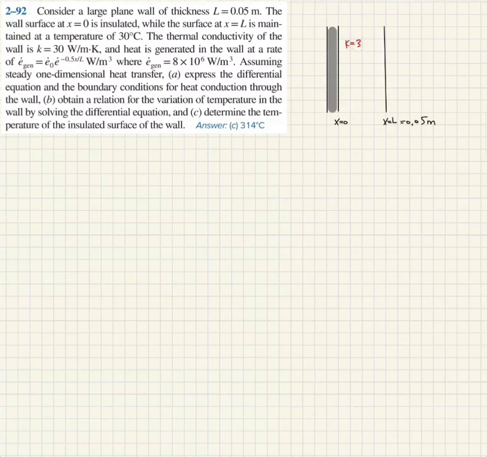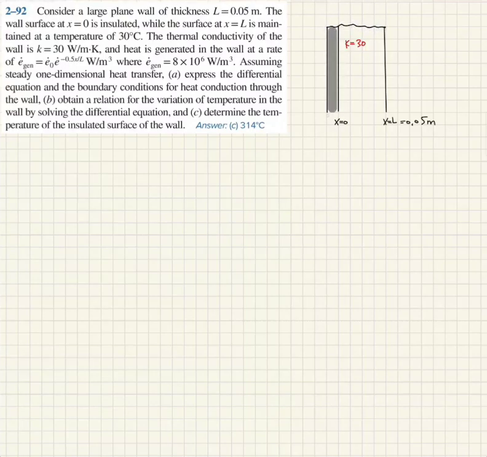Heat is generated in the wall at a rate given, and they also gave us the E dot gen. So I assume one-dimensional steady state heat transfer, express the differential equation, obtain the relationship for the variation of temperature, and determine the temperature at the insulated surface.